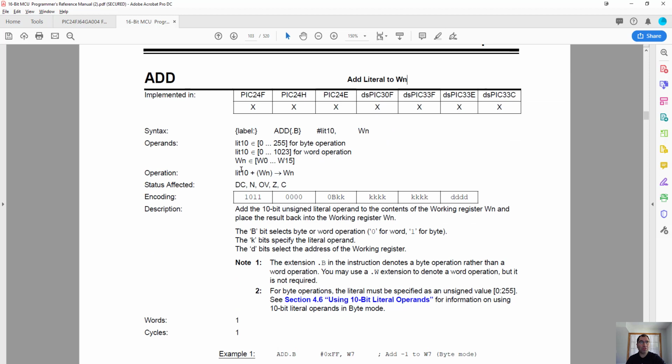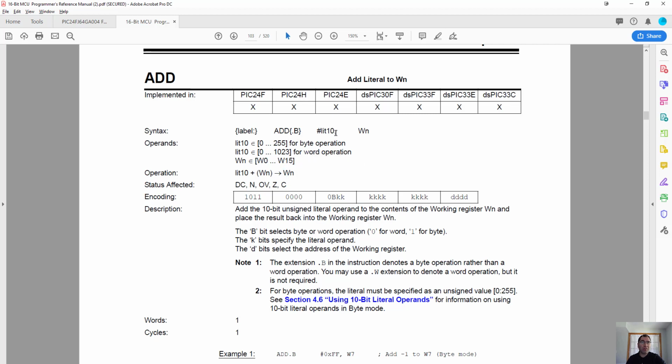Here is the definition of the instruction: take a 10-bit literal number, add it with the content of Wn, and put it in Wn. That summarizes what this instruction does: the 10-bit literal plus whatever value is in the working register you are using, and it puts the result into the same register.